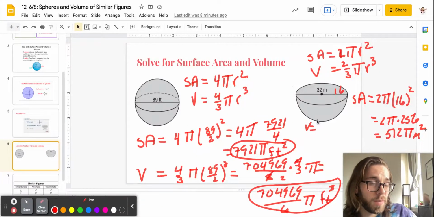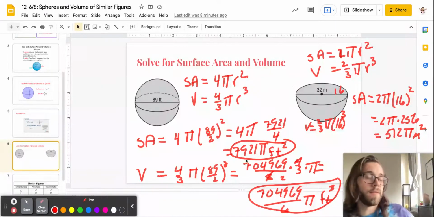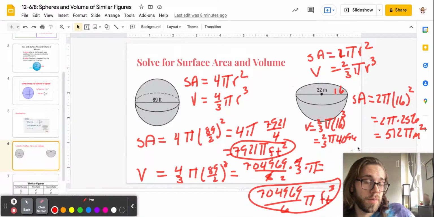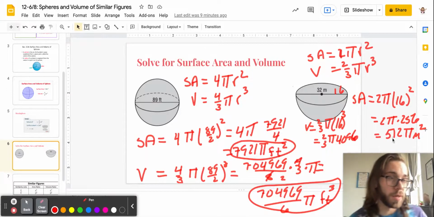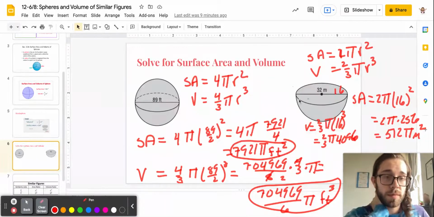So the volume then would be 2/3 pi times 16 cubed, which is 4096. The one thing I will say is I do know for a fact that that's not going to be divisible by 3, because 16 is just 2 to the fourth.